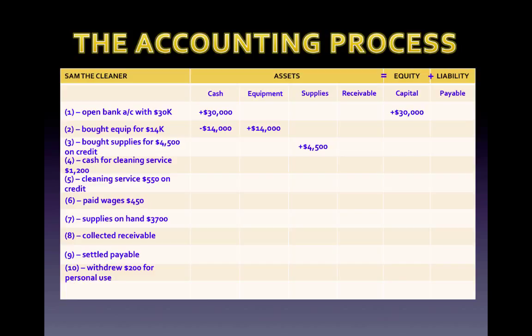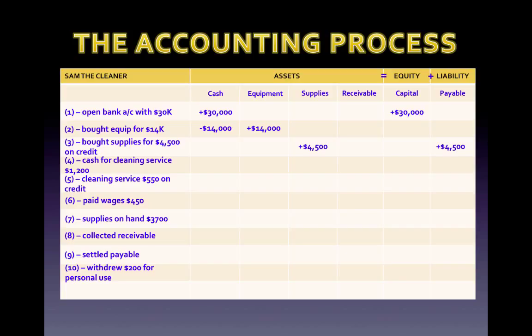But he hasn't paid yet, so there's no effect on cash. If he has not paid the amount, then someone is claiming it. Who is claiming it? It's not Sam, the owner, but the third party, the supplier. And we classify that as a payable. So the payable's claim has now risen by $4,500.